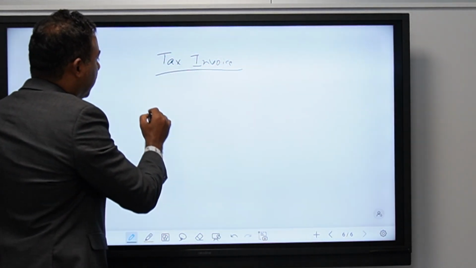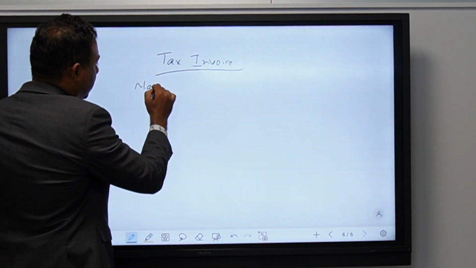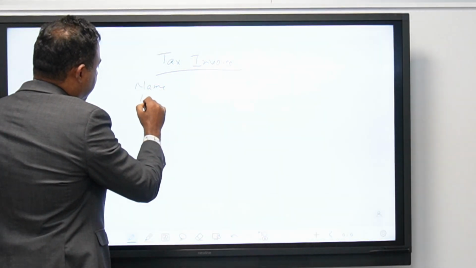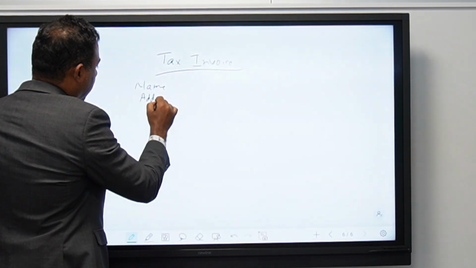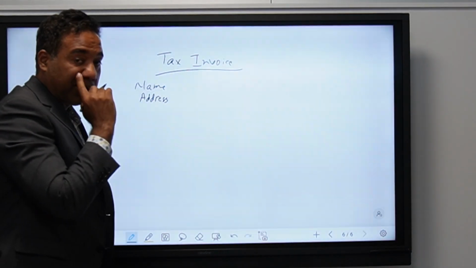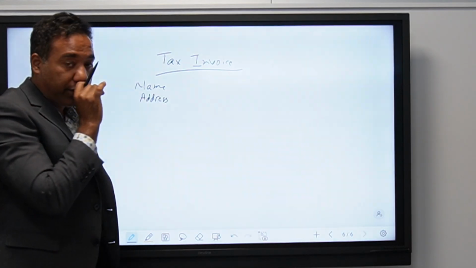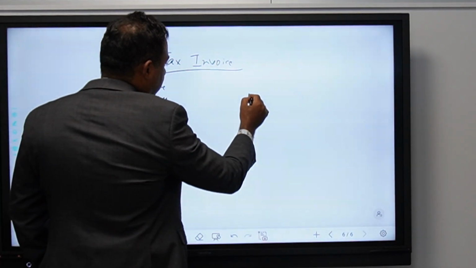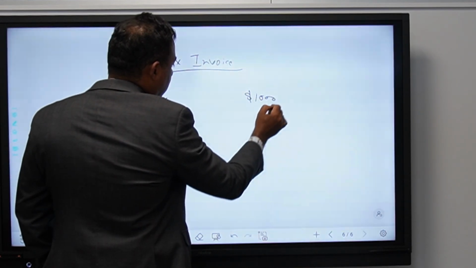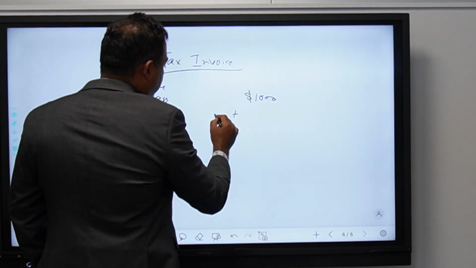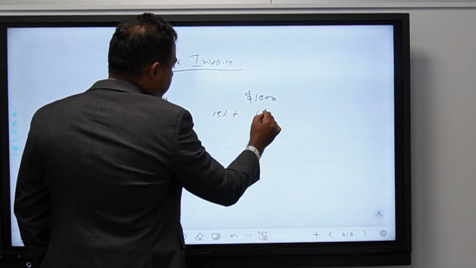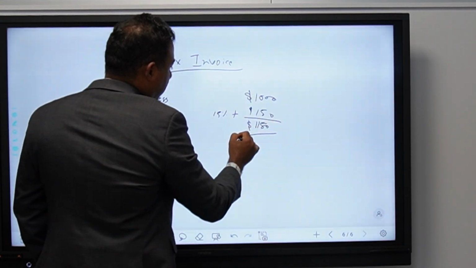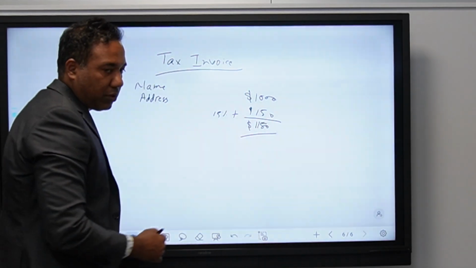A tax invoice will have the name of the person that you are sending the invoice to, their address, and the amount you're charging. Let's say you're charging $1,000, and the GST component, which is 15%. This will be the invoice to a customer, and the customer will pay you.